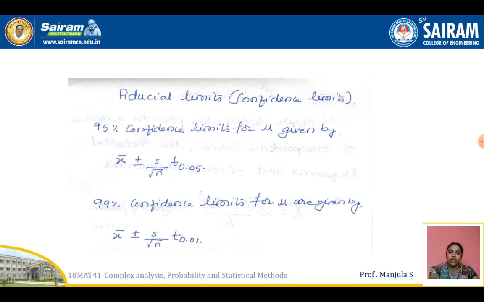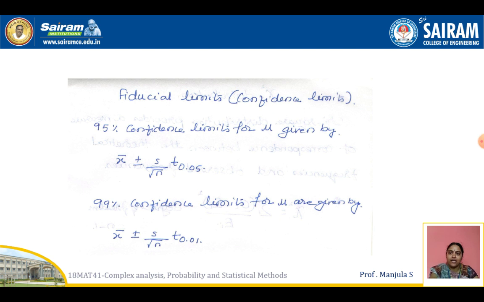Now here, the fiducial limits, or else we can call them confidence limits. At 95% and 99%, how the formula will be: 95% confidence limits for mu are given by x bar plus or minus S divided by square root of n, that into T 0.05.